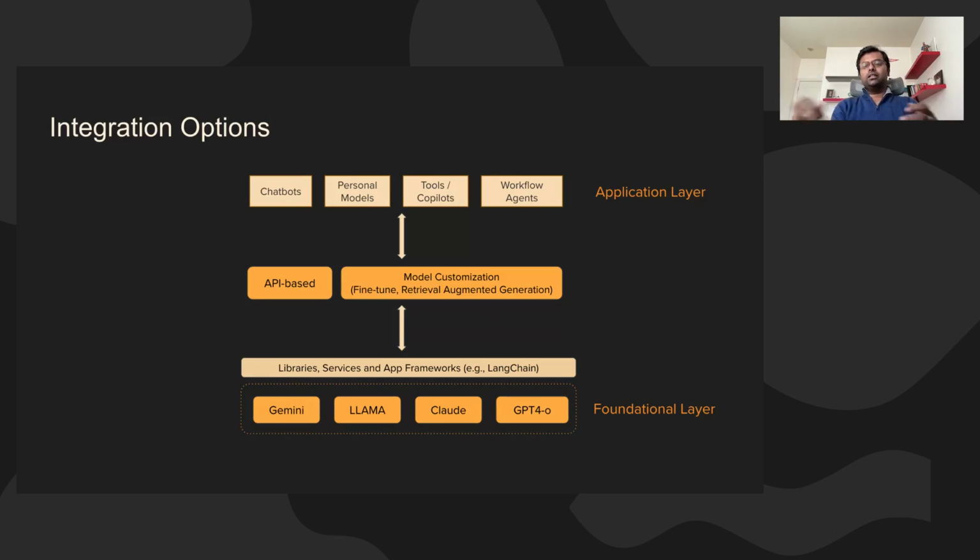You're actually changing the base model to your needs. It could be fine tuning the model for a particular purpose, or you're actually sharing more information about proprietary data and building a stack that has enough context for the model to understand and work on it. So you have this model customization. Now, in both approaches, you need to have careful considerations in the way you actually build the stack.